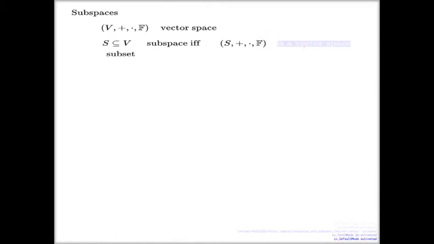You call this new quadruple a subspace if this quadruple by itself independently is a vector space. So if it independently satisfies all of the 10 axioms we discussed on Thursday.